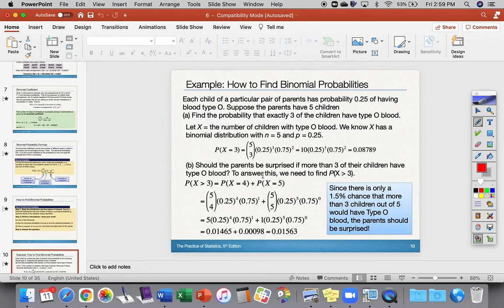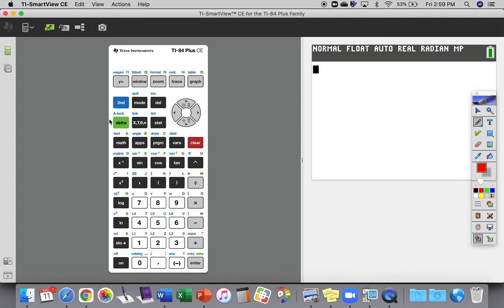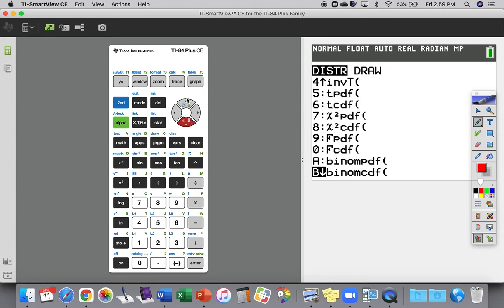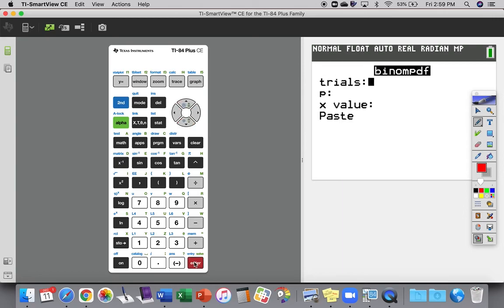So what you're going to do is pull up your calculator. It's the same place we had normal CDF and stuff like that. It's in your distributions. You will indeed have to scroll down to binomial PDF. It asks how many trials there are. Well, we had 5 kids. What is your probability of a success?